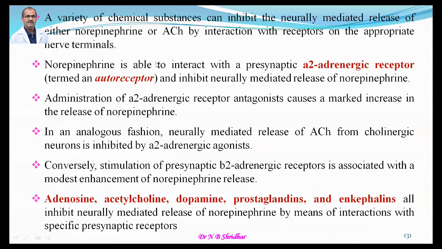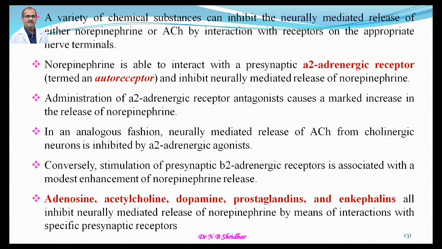A variety of chemical substances can inhibit the neurally mediated release of either norepinephrine or acetylcholine by interaction with receptors on the appropriate nerve terminals. Norepinephrine is able to interact with the presynaptic alpha-2 adrenergic receptor.